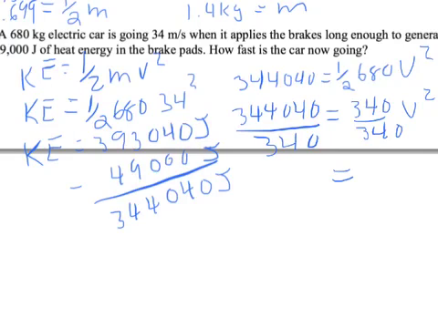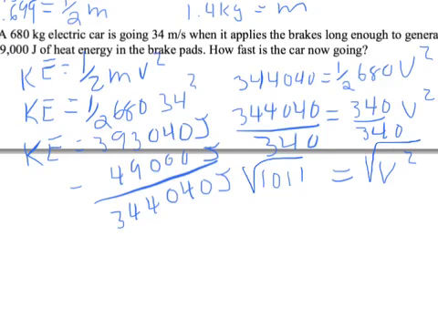And that means that the square of the velocity is equal to 1011. And now the way you undo squaring something is you take the square root. And I'm going to take the square root of both sides.